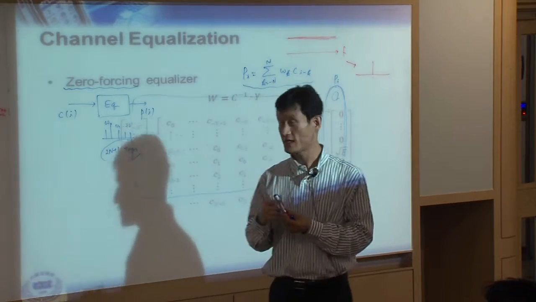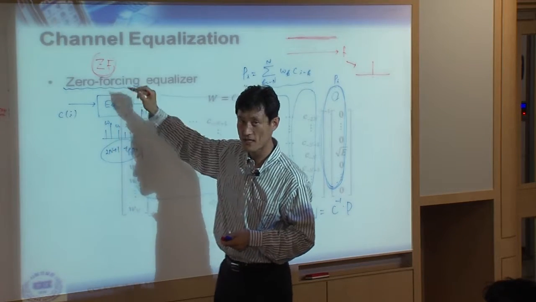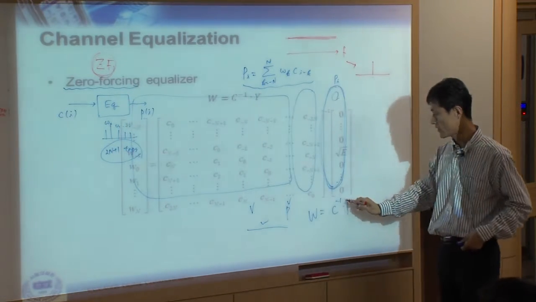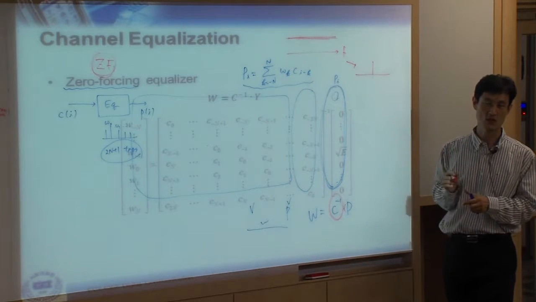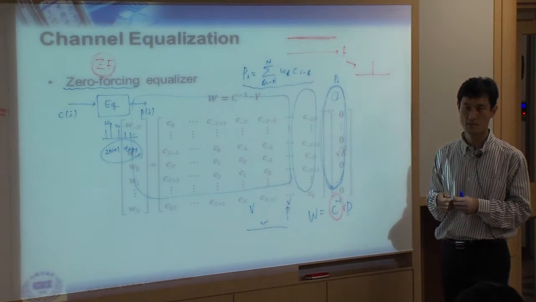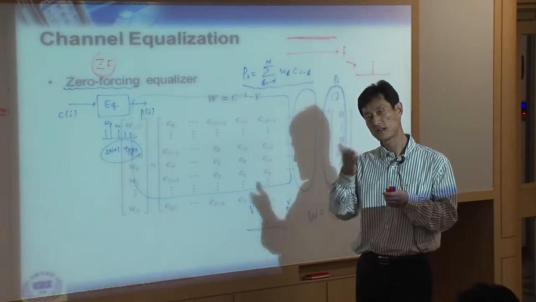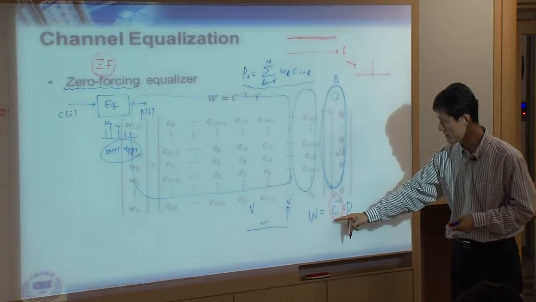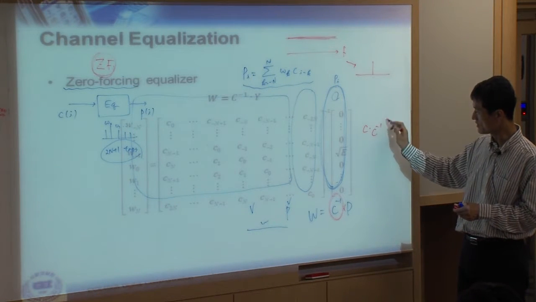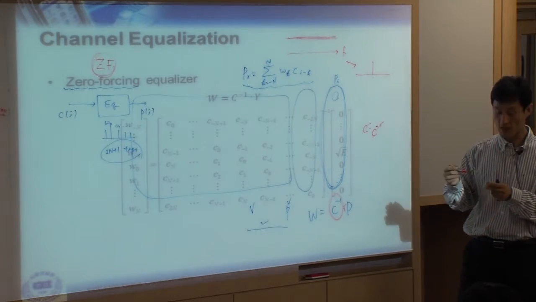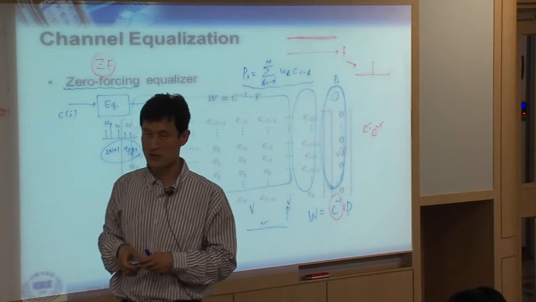Zero forcing, ZF, basically means that you calculate the inverse matrix and multiply it. Because when you calculate the inverse and multiply it, it cancels out, right? In this case, you have C, and you are calculating C inverse, so it cancels out. That's what they mean by zero forcing. So this kind of equalizer is called the zero forcing.